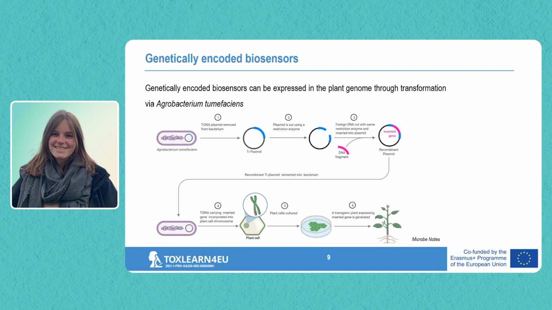Then you put it back into the bacteria, so you transform them with it. And then you infect the plants with the bacteria. You can do this in different ways. And then in the end, you will have a transgenic plant, as we call it, because it contains some foreign DNA, where our inserted gene, in this case the gene coding for our sensor, is expressed.